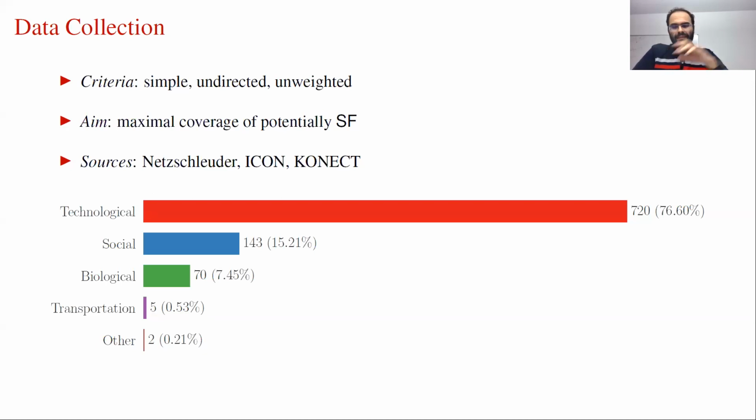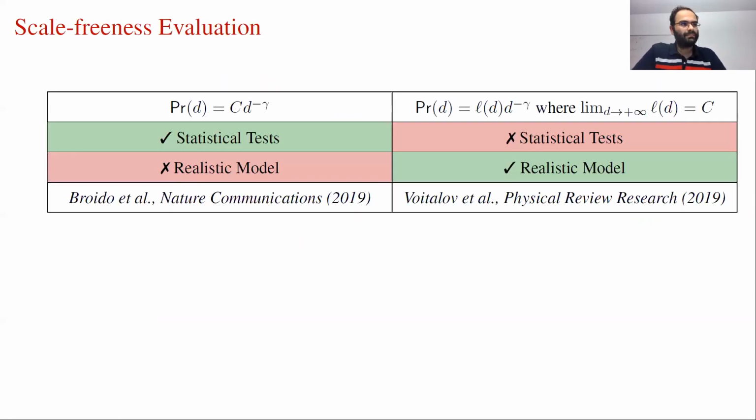Okay, so now that we have this data, we need to have a measure of evaluating to which extent networks in this data set are scale-free, to be able to evaluate whether the robust yet fragile property specifically holds or doesn't hold for scale-free graphs. And there are 2 major ways of doing this, and it's a bit controversial, but we try to use both ways of looking at this. So one way is to say that a network is scale-free if the distribution of the degrees follows a pure power law.